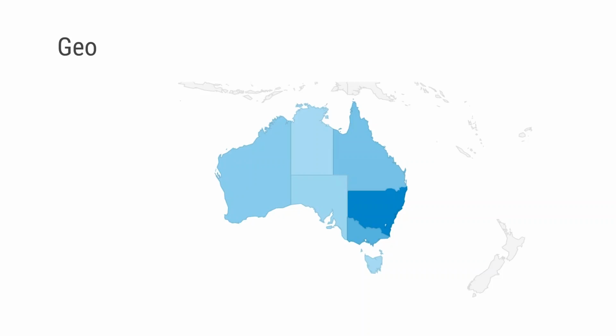But let's say Victoria is also your equally important market, but you see that audiences have been bouncing off from your website, then you might want to see if your website is relevant enough for the Victoria audience, or what else you can do to make it more relevant for them.